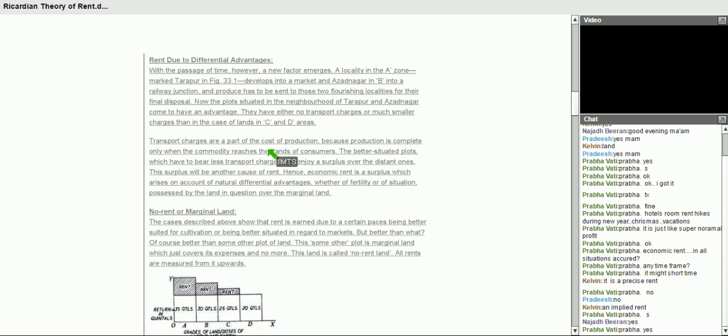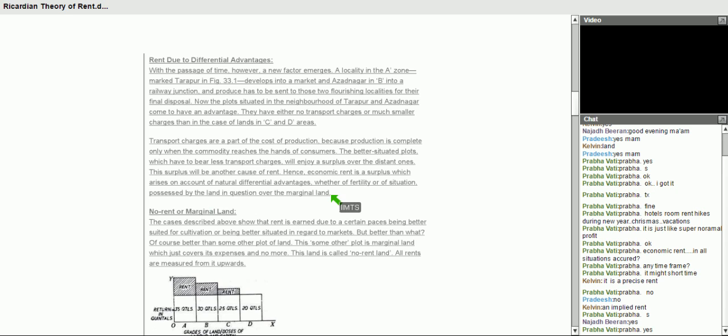Transport charges are a part of the cost of production, because production is complete only when the commodity reaches the hands of consumers. The better situated plots which have to bear less transport charges will enjoy a surplus over the distant ones. Yes, the more the distance, the more the cost of production. So surplus will be another cause of rent. Economic rent is a surplus which arises on account of natural differential advantages, whether of fertility or of situation, possessed by the land in question over the marginal land.